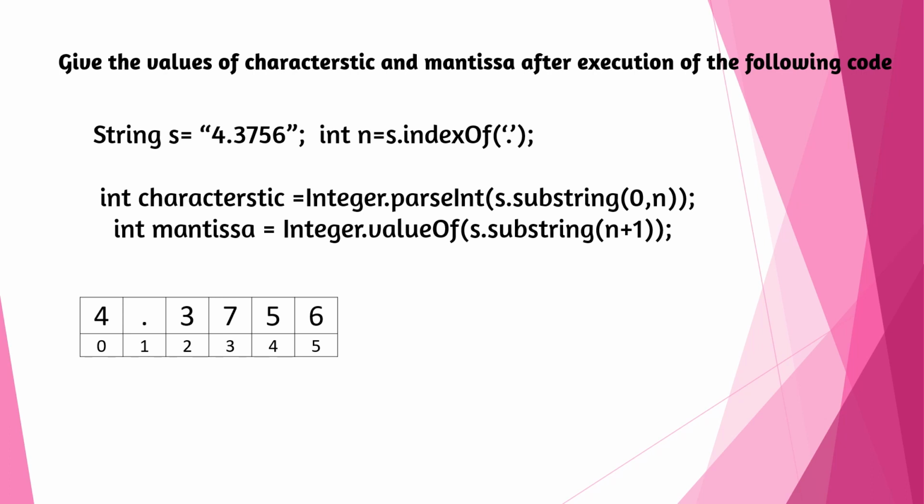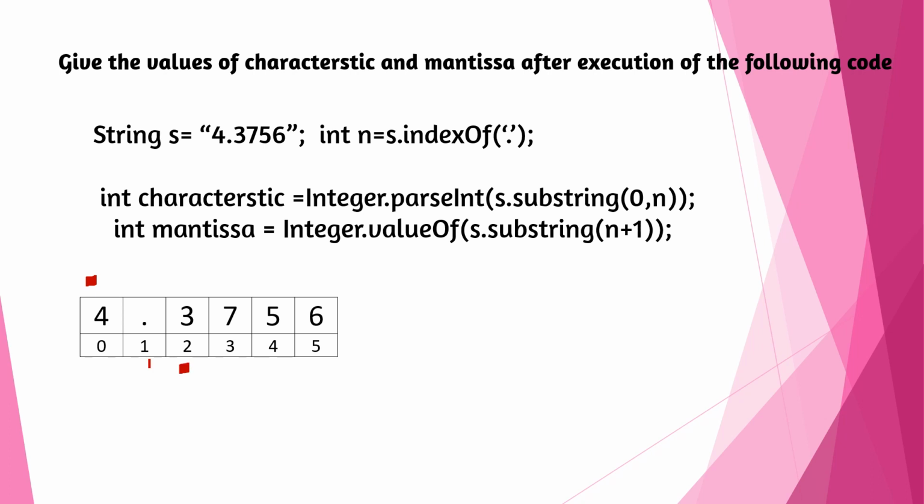Here Integer.parseInt converts to integer. Substring of 0 to n, 0 to n means 0 to 1, so 4 will be taken, converted to integer and stored in the variable characteristic. So the value of characteristic is 4. Now Integer.valueOf again converts to integer, with substring of n plus 1. n is 1, n plus 1 is 2.